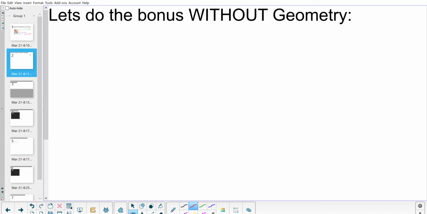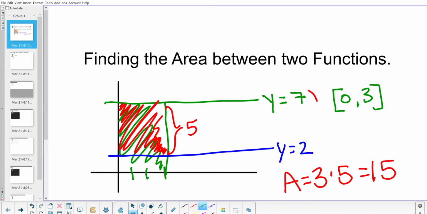without geometry, with calculus? Well, we started off by finding the area under the curve 7. 7 times the width, dx, from 0 to 3. And we talked about how that would be 21. But if I'm going to find the red area, I actually have to subtract. I haven't drawn this yet.